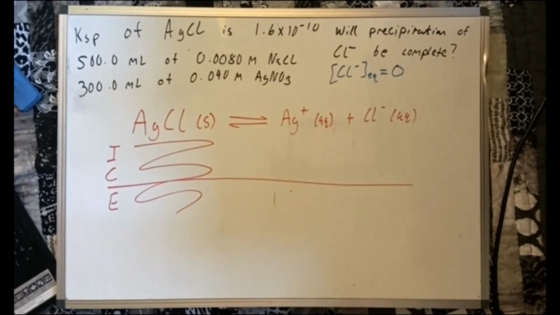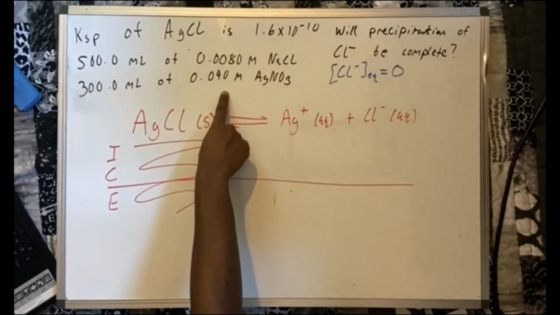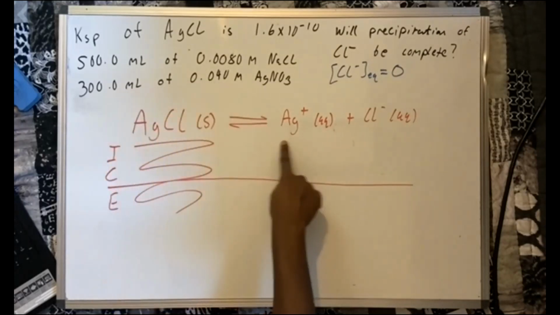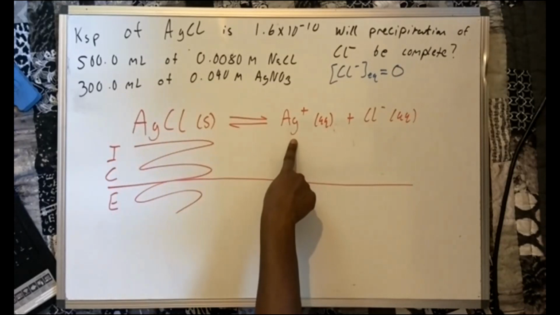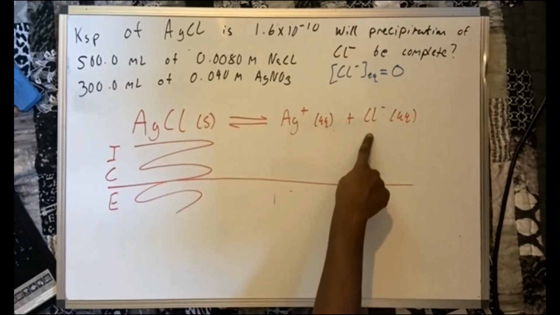Okay. So first off, we need to calculate some new concentrations because we're mixing these two things together, right? I need to figure out the concentration of Ag plus, and then the concentration of my Cl minus.